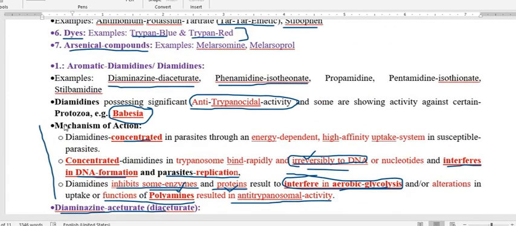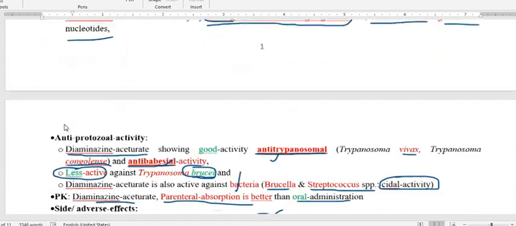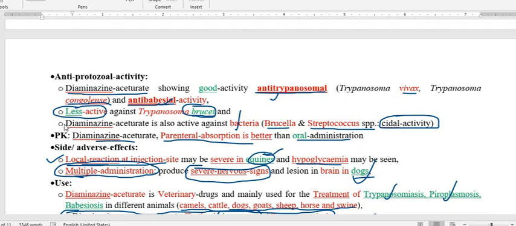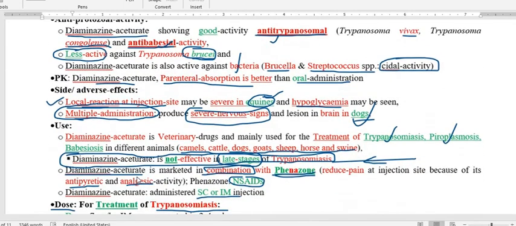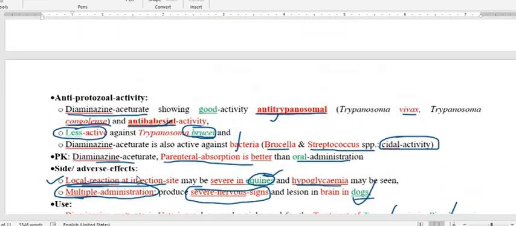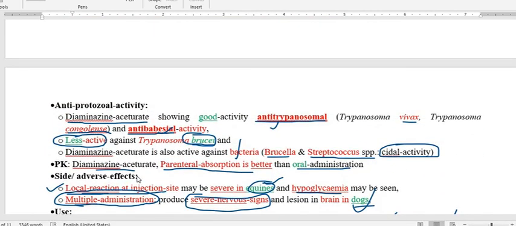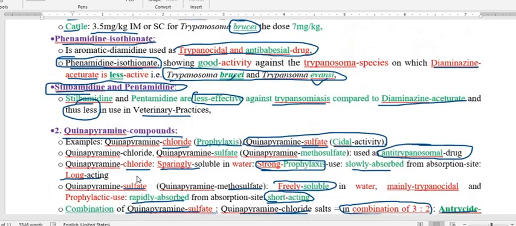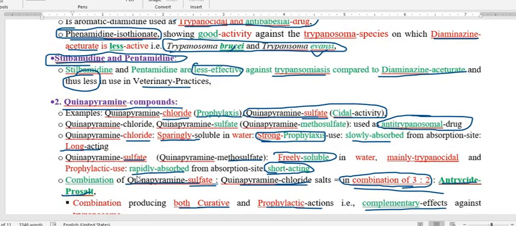Earlier, diminazene aceturate also showed both curative and prophylactic use, but we mainly use it for treatment purposes.